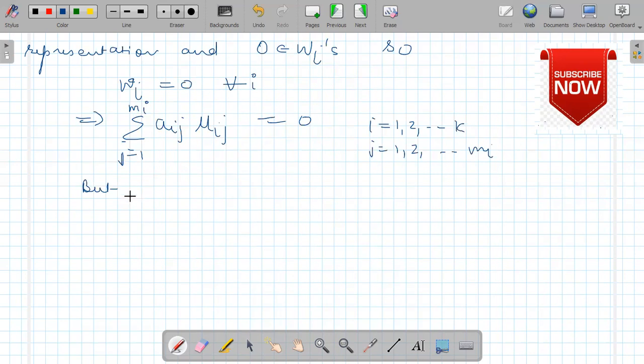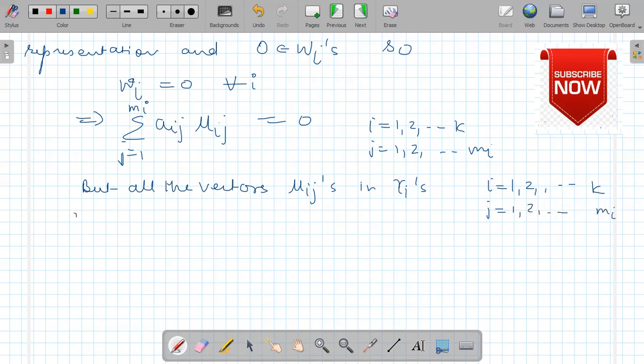So all the vectors mu ij's in gamma i's, i varies from 1 to k, j varies from 1 to mi are linearly independent.